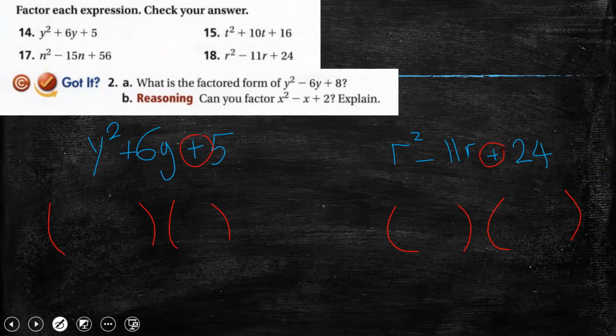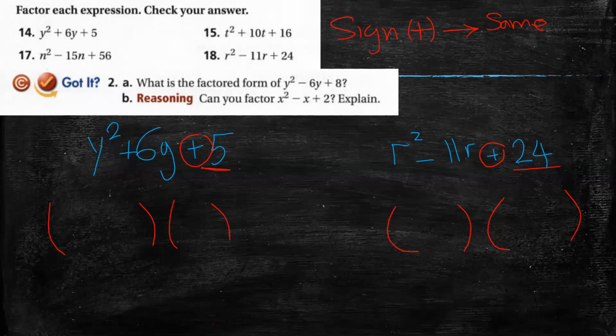If the sign of c is positive, be careful here, the sign of this c, 5 and 24, is positive, that means the signs here and here will be the same.